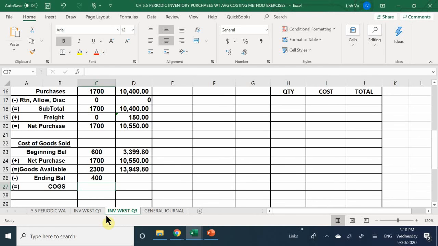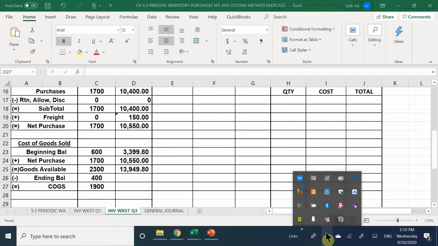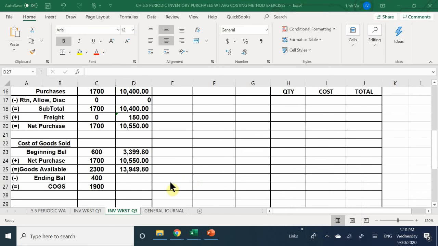We will have 1,900 sold. And lastly, what is my cost per item? This is where we calculate our new cost per item.